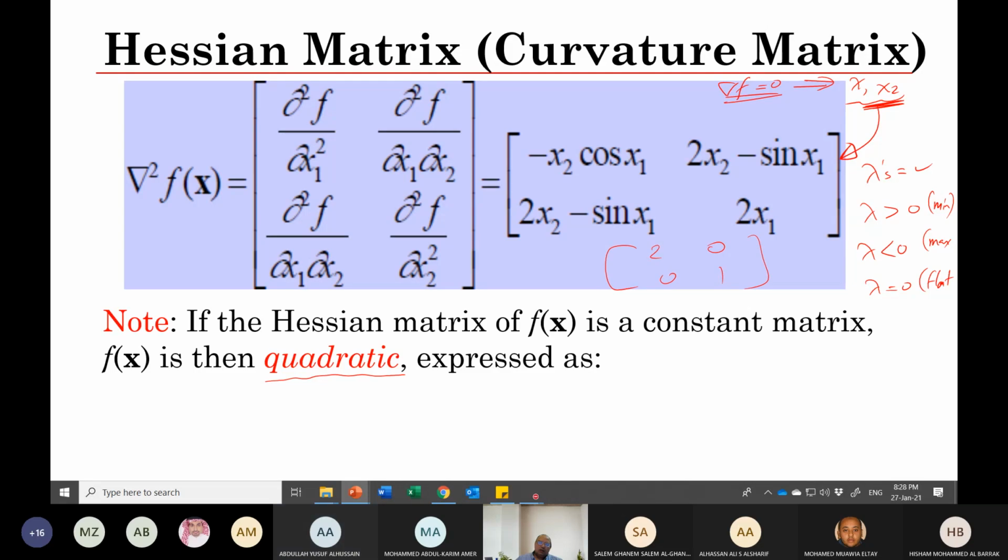At a certain point, you either have maximum, minimum, or flat. Let us see some examples, and maybe we share the same point, but I don't think you have such a situation.